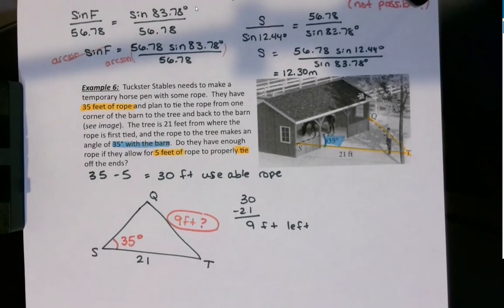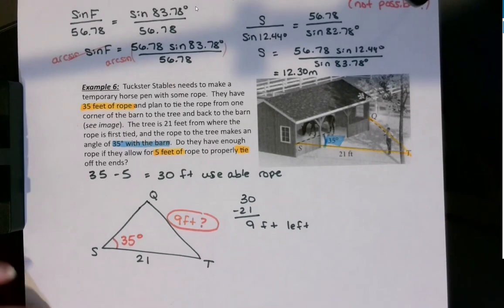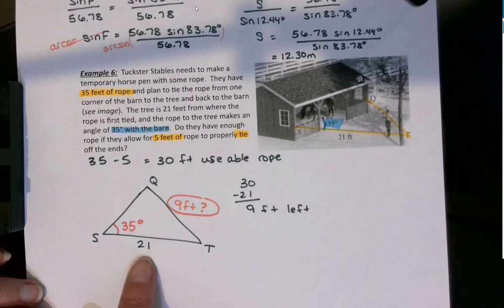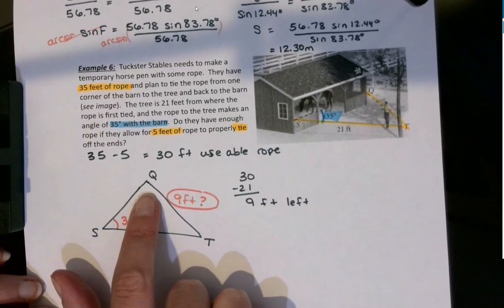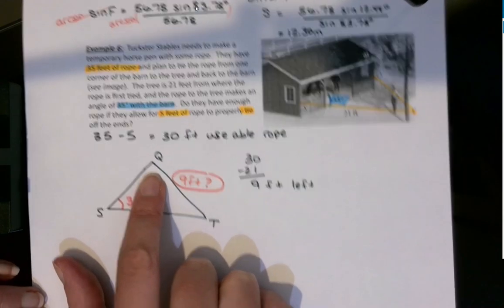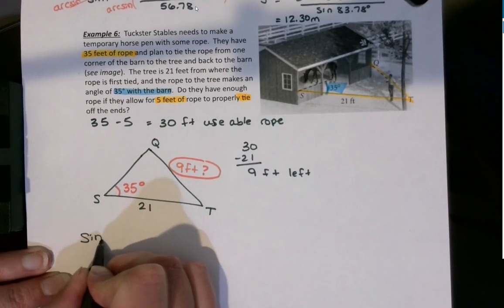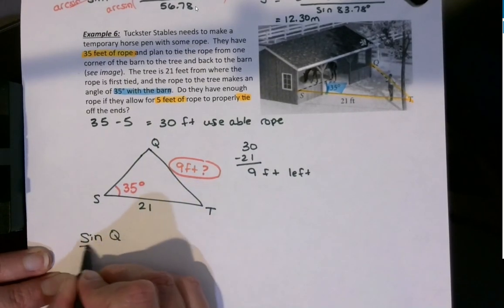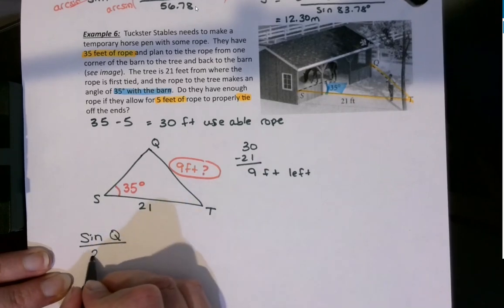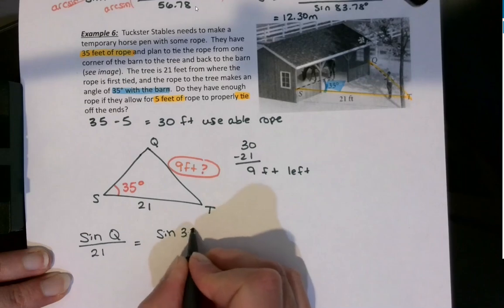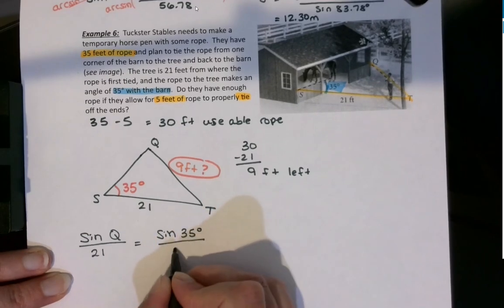We need to either prove or disprove that this is possible by solving this triangle. So I know I've got a pairing of S and little s, and I know I've got side Q here. So the first thing that I'm going to be able to look for is going to be angle Q. So let's set this up with the sine of angle Q over 21 equal to the sine of 35 degrees over 9.